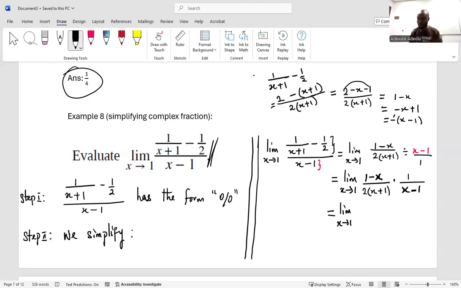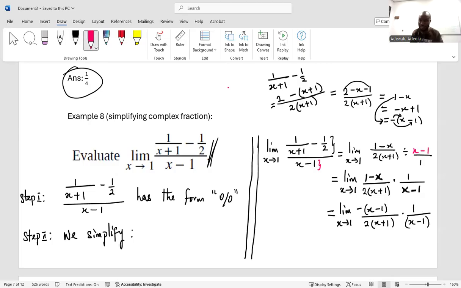If I throw it back, that is minus x, then plus 1. I have not done anything illegal. So it then means I can write this as minus x minus 1 divided by 2 into x plus 1 times 1 over x minus 1.